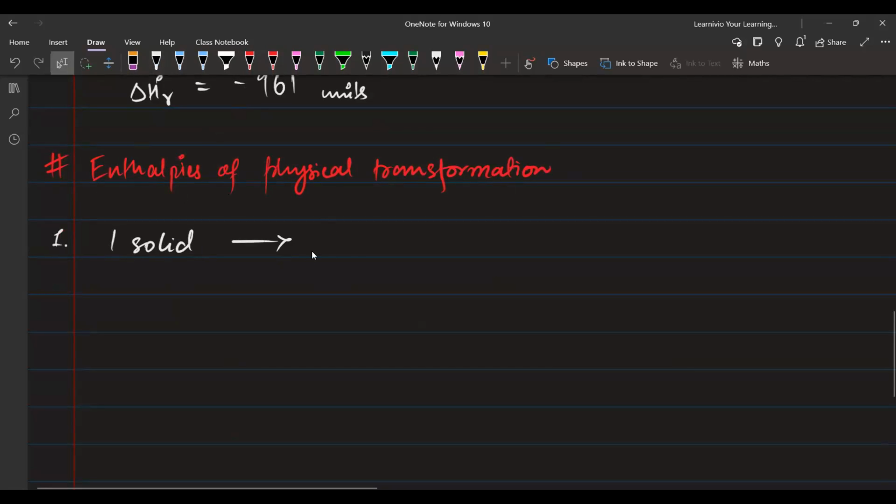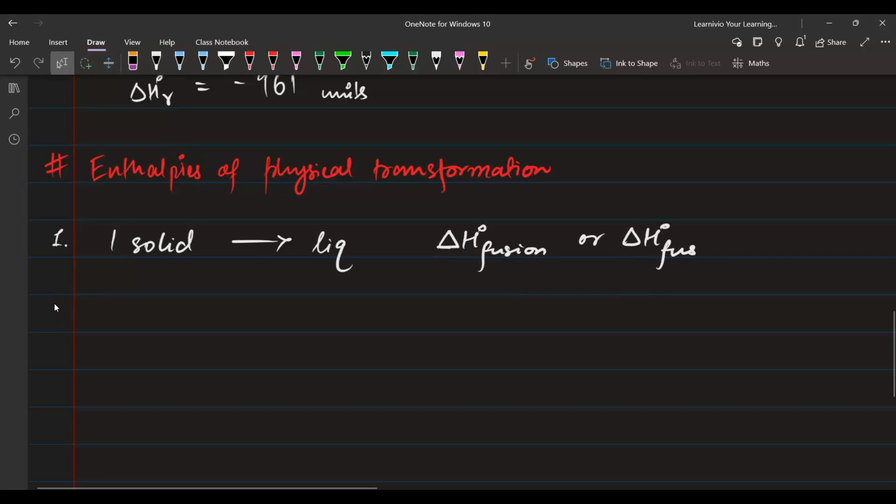Solid gives liquid, so this is fusion. This is known as enthalpy of fusion, or delta H naught fus.